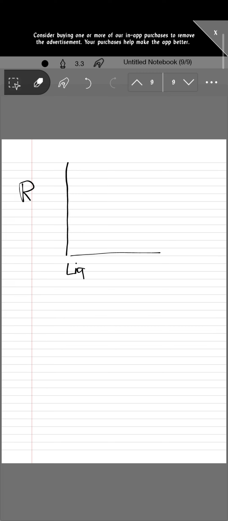Light is expressed in foot candles, and resistance is expressed in ohms.